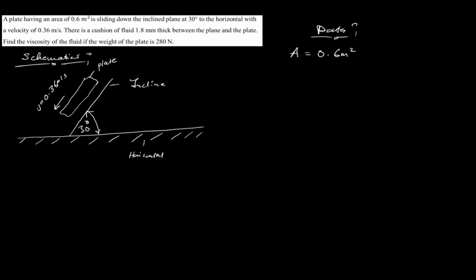Now the question tells us that there is a cushion of fluid 1.8 millimeters thick between the plane and the plate. This incline is the plane in question because it's known as an inclined plane. So there is a fluid in between the inclined plane and the plate.